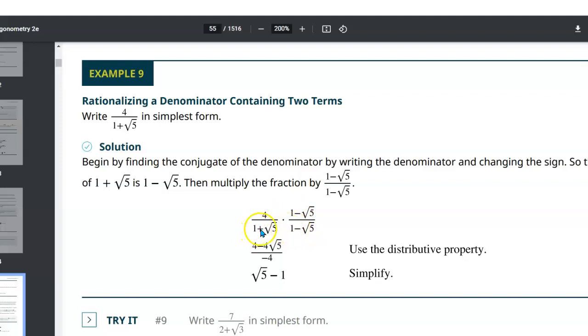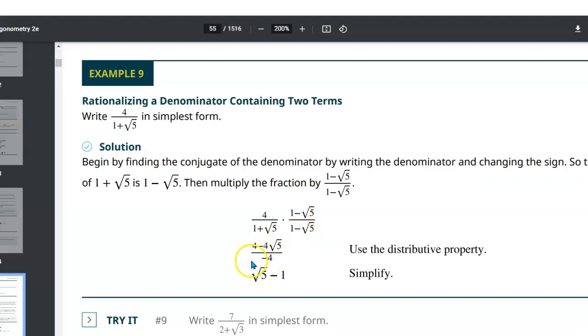Now, you do distributive FOIL down here. Remember the middles cancel like we talked about earlier by FOIL. You'll end up with negative 4 because you do FOIL. You'll get 1 minus rad 5 plus rad 5. They cancel. And then you'll finally get minus regular 5. And 1 minus regular 5 is negative 4 here.